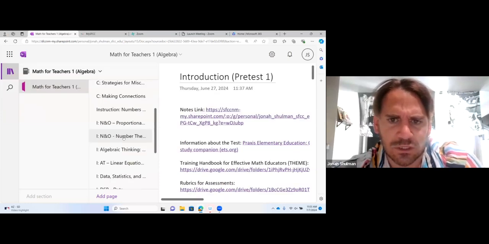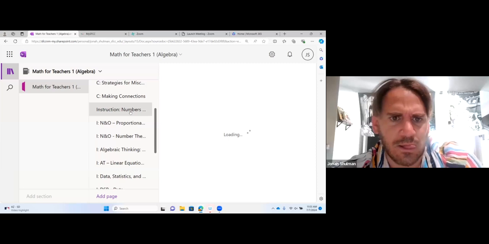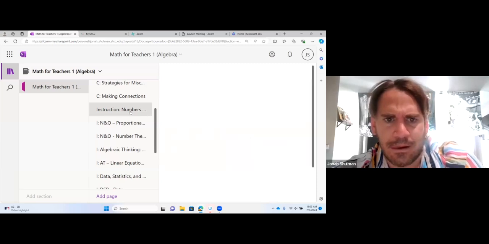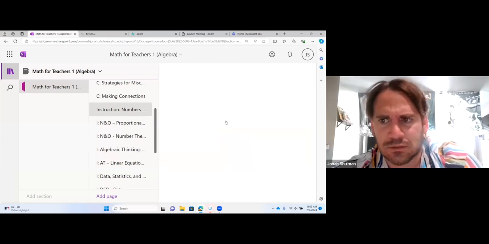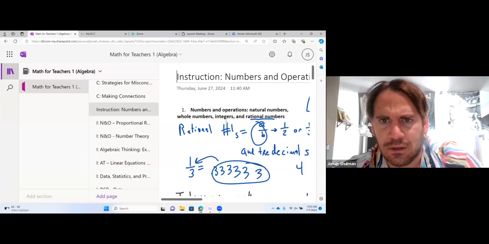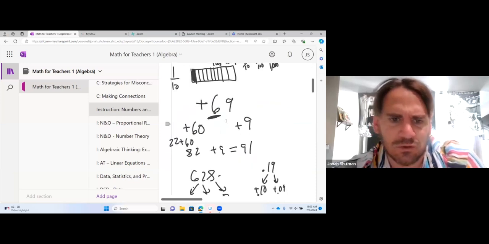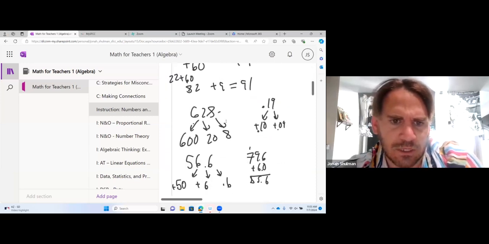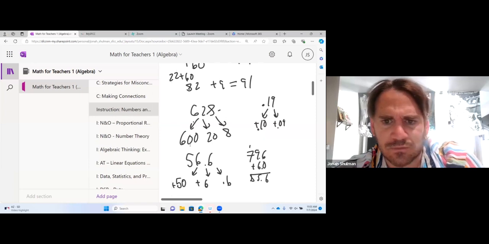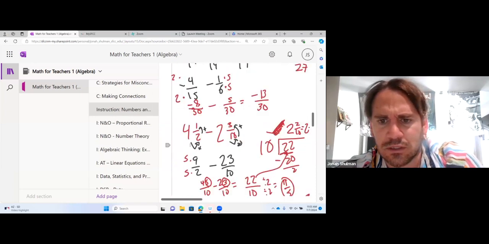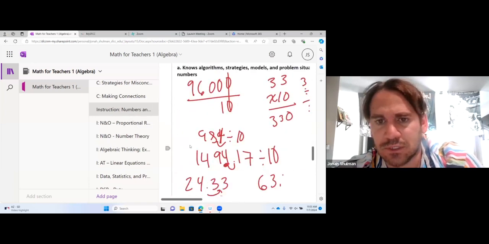And the first one is right here, which is numbers and operations. And I really want to show you all of them. So we've got a lot to go through, but this is the first one. And I've shown you all the steps and how to do it.